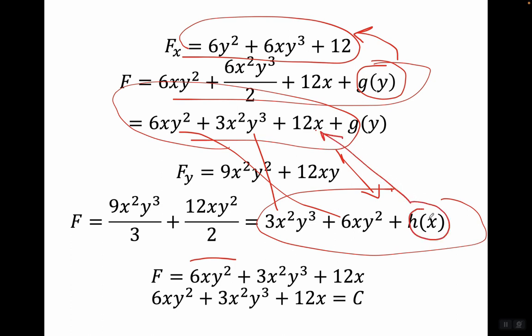And this doesn't have any function of y in it, so it looks like this is going to work. So in this case, f is 6xy^2 + 3x^2y^3 + 12x. So our general solution is 6xy^2 + 3x^2y^3 + 12x = c. That's the general solution to this differential equation.